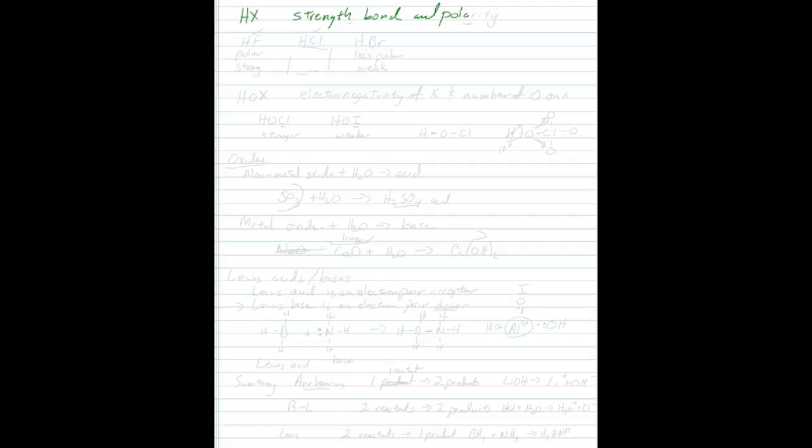If the bond is not polar, then it will not lose hydrogen. So it has to be polar, but the strength of the bond has to be weak enough so that the hydrogen can leave.